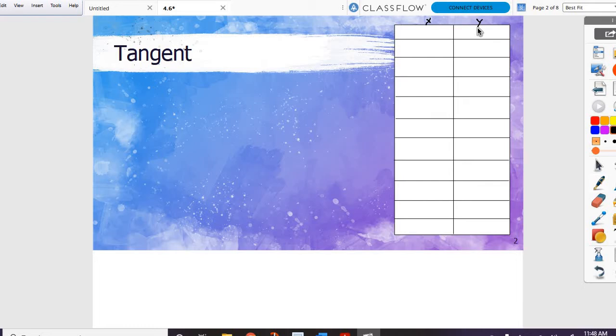Agreed? Now, when we're thinking back to our unit circle, we don't necessarily have tangent on our unit circle. However, hopefully we remember that when we have a triangle, what does tangent equal, or what is the ratio for tangent?